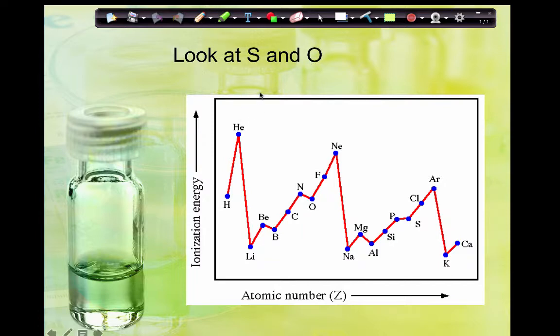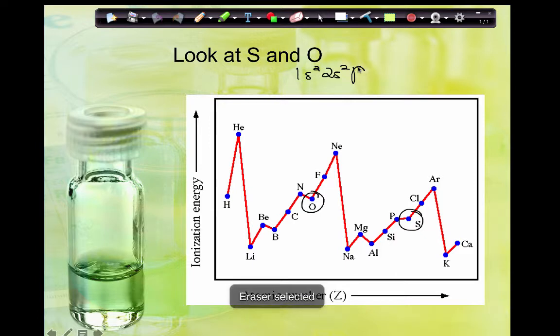The other discrepancy is with sulfur and oxygen, which is here and here. So from phosphorus to sulfur, it decreases instead of increases. Same thing here. Well, let's look at our configuration. So for oxygen, 1s2, 2s2, 2p4.